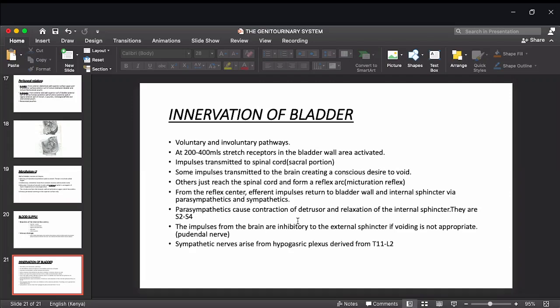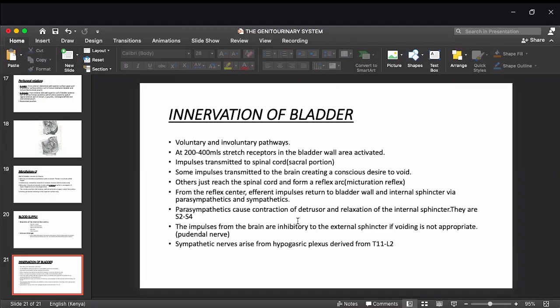For example, when you talk in physiology about the micturition reflex, normally the bladder capacity is about 800 to 1200 ml, but we activate the stretch receptors from 200 to 400.